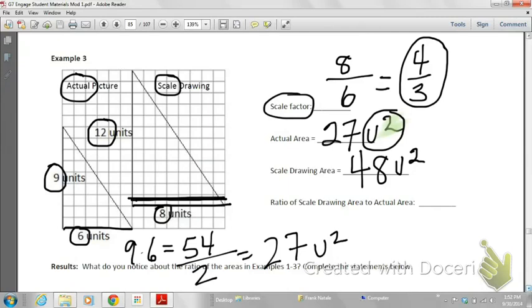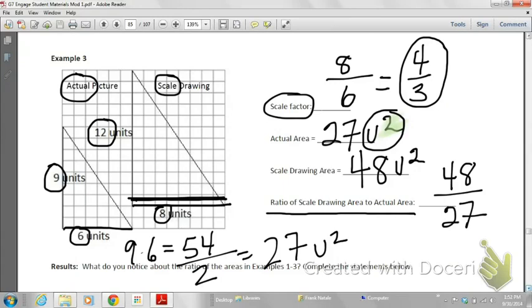All right, and then we're going to do again the ratio of scale drawing area to actual area. And again, of course, we're putting 48 over 27. This one might not be as easy to see, but using divisibility rules, for example, could help you.